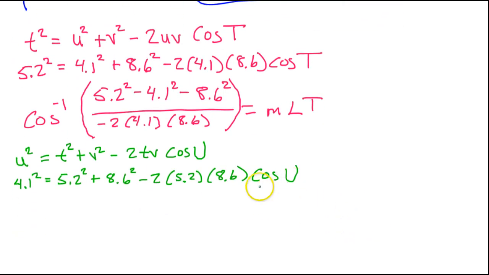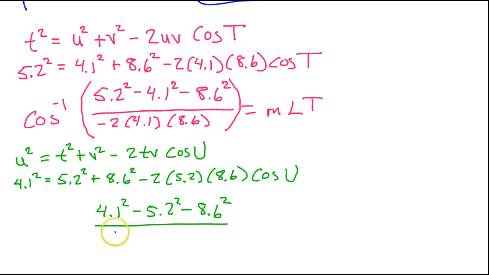So to get cosine U by itself, I need to subtract these two terms from both sides. That's going to give me 4.1 squared minus 5.2 squared minus 8.6 squared. That gets rid of these, but to get rid of this part in the front, I need to divide by everything in front of cosine U. So that's why I'm going to put all of this in the denominator, negative 2 times 5.2 times 8.6.